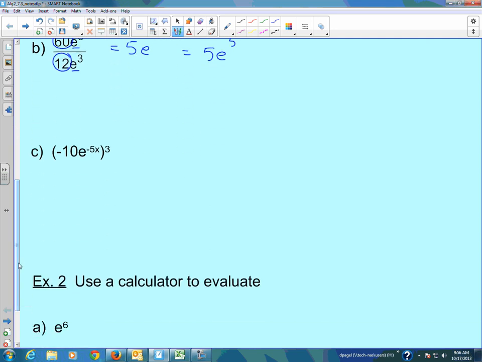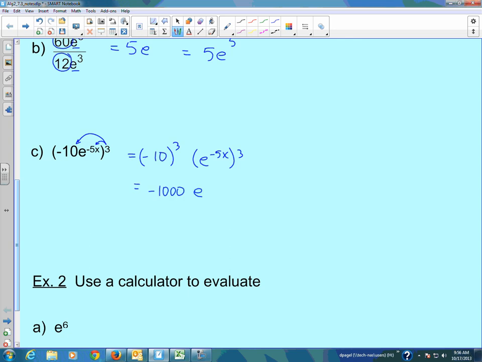Here we have a power of powers with c. Remember that a power on the outside raises everything on the inside to that power value. So we have negative 10 being raised to the power of 3. And then we have this e to the negative 5x being raised to the power of 3 as well. So this becomes negative 1,000.